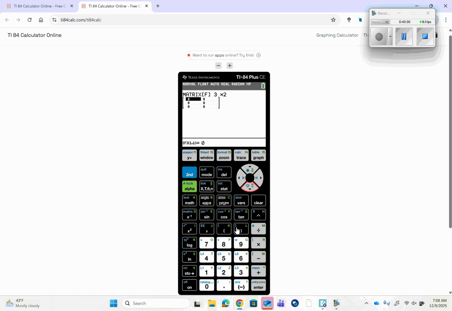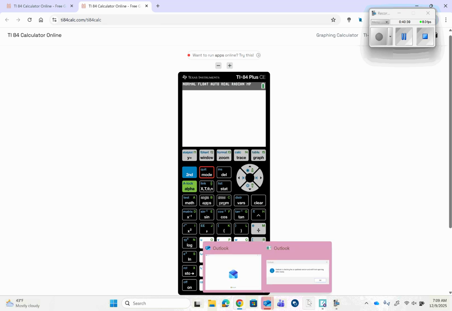Head on down, so I'll get -1, 0, 0, 2, -3 and 5. As long as I plug these in right, we should get some magic. So quit out of that. All right, so let's go back to our screen. So this is matrix 1, 2, 3, 4, 5, and 6.